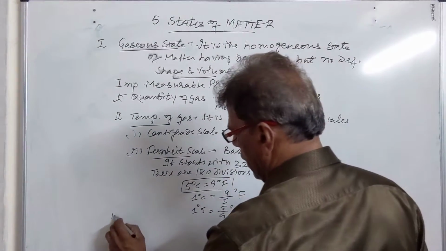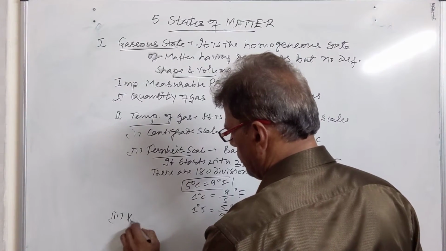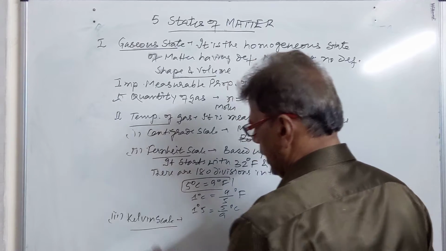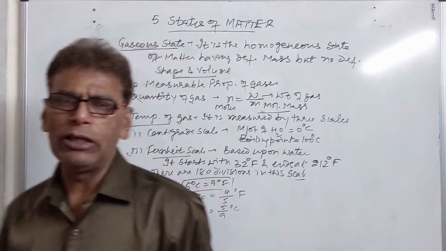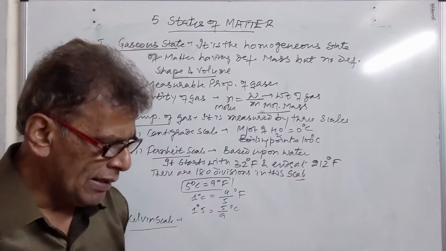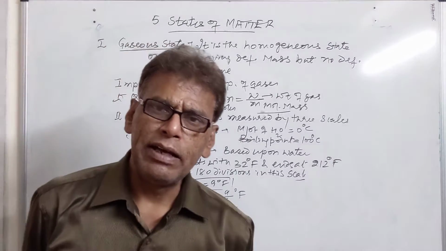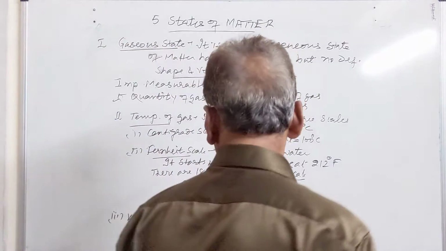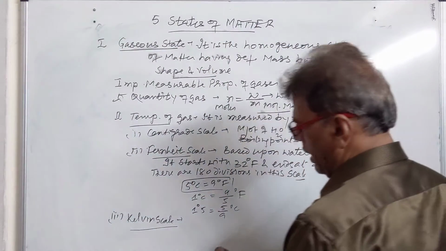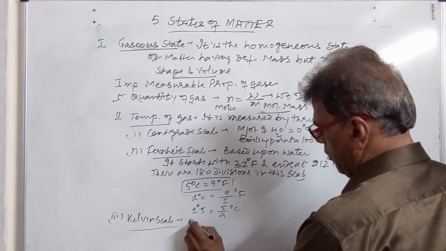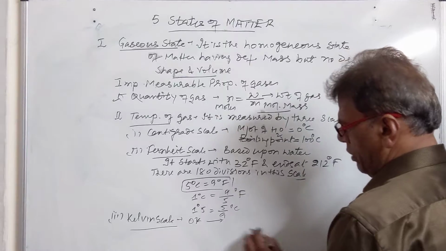Then we have the third scale, that is called the Kelvin scale. It can measure both negative as well as positive temperature. It is based upon gases, and in this case all the centigrade temperatures can be converted into Kelvin temperatures. This scale starts from 0 Kelvin and goes on indefinitely.